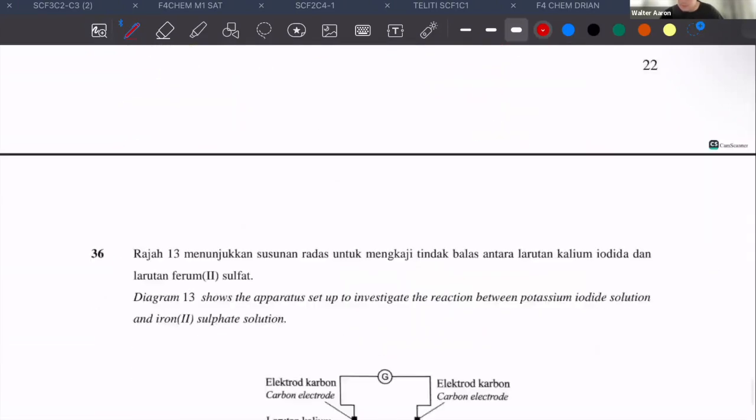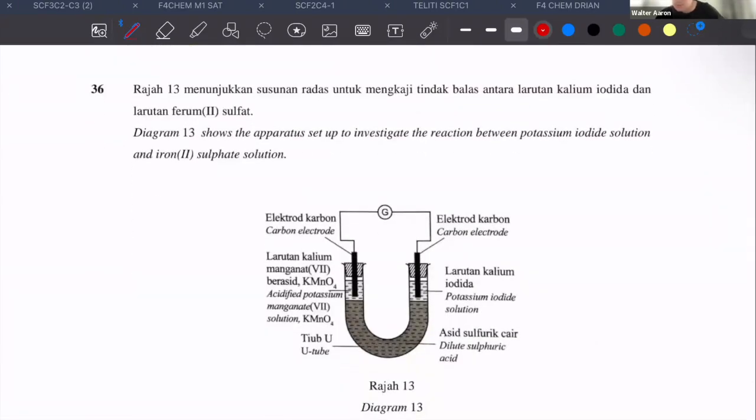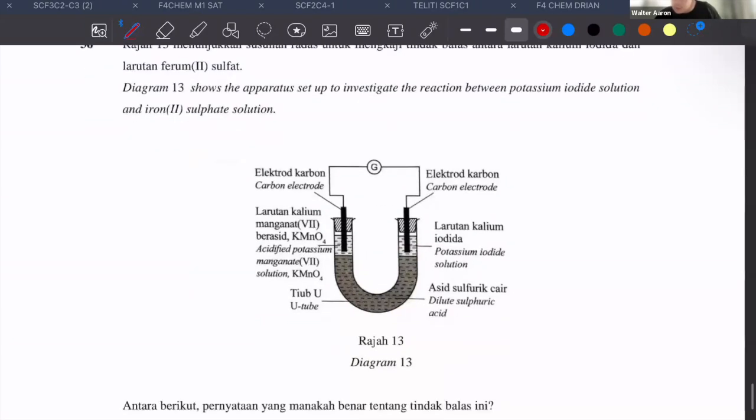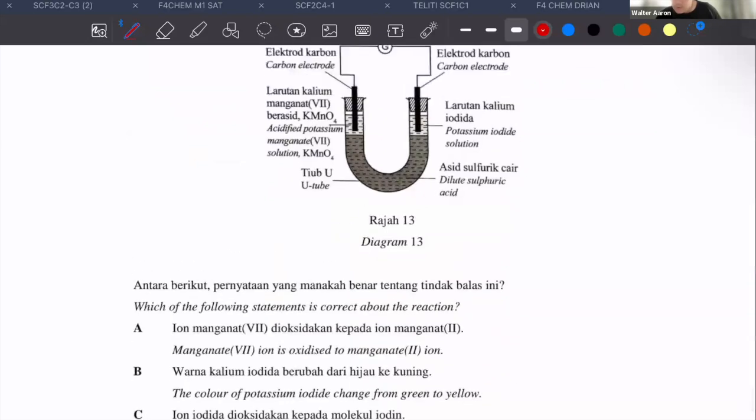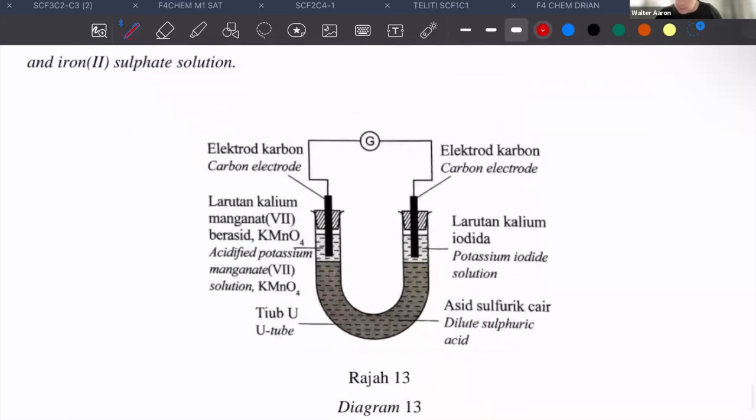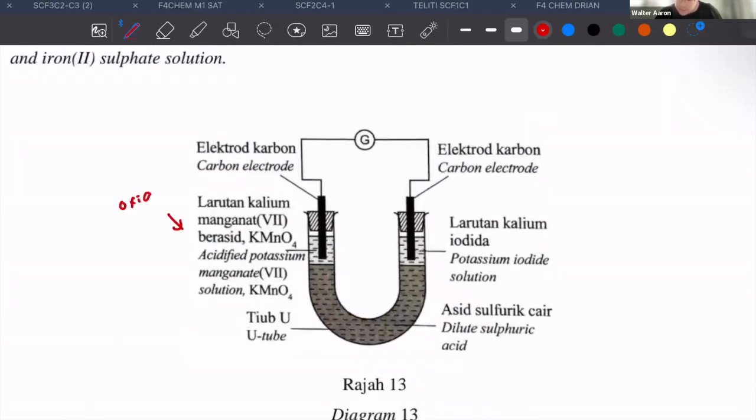36. Figure 13 shows the apparatus to set up the investigation of the reaction between potassium iodide and iron(II) sulfate solution. Which of the statements is correct about the reaction? What is going on over here is very simple. This one over here is the oxidizing agent, because we all know that acidified potassium manganate(VII) is a very good oxidizing agent.